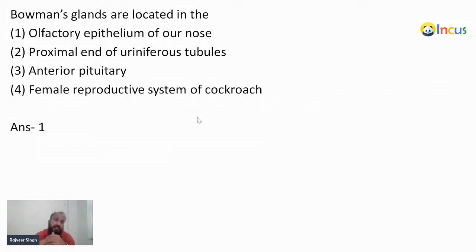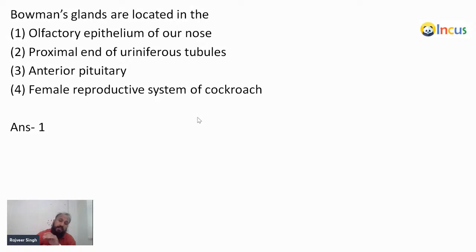Next question. Bowman's glands are located in the olfactory epithelium of our nose, the proximal end of a uriniferous tubule, the anterior pituitary, or the female reproductive system of a cockroach. The answer will be first: olfactory epithelium of our nose.